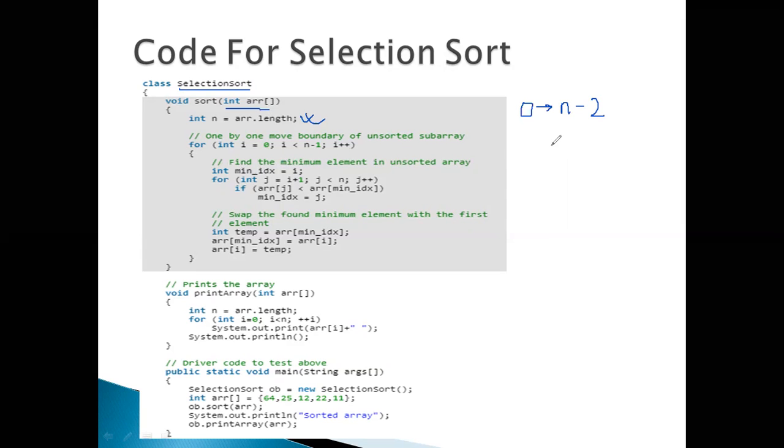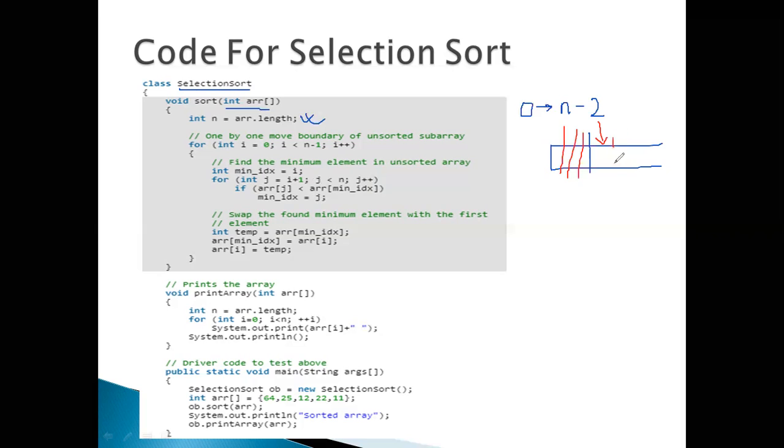So suppose we have an array and at any point of time this part is already sorted. So the minimum index will be present here. Therefore we write int min_index is equal to i. Then for int j equal to i plus 1, j less than n, j plus plus.